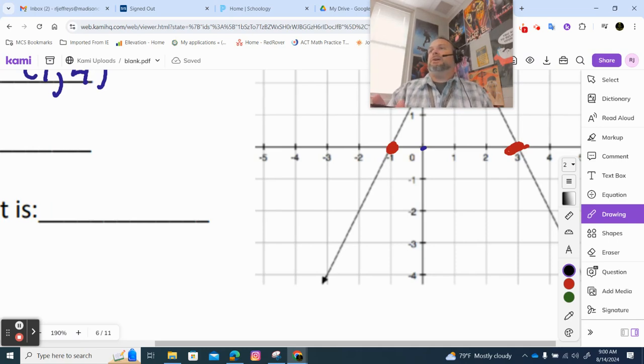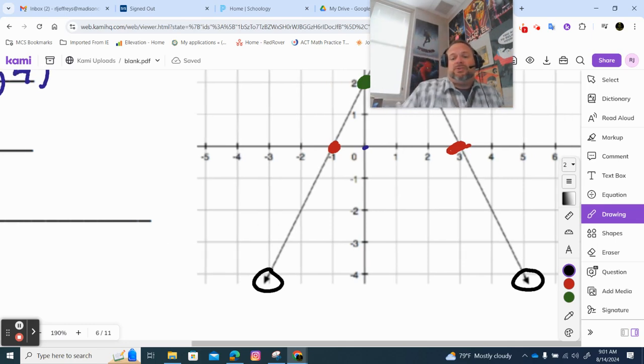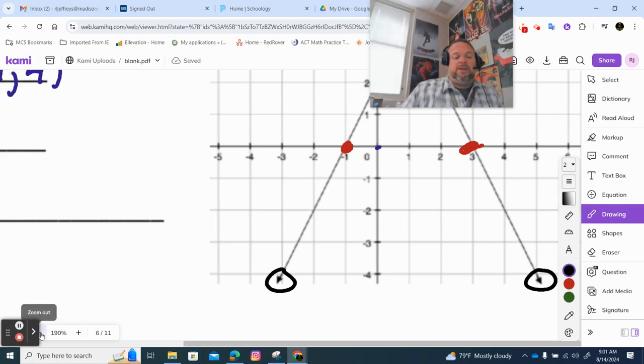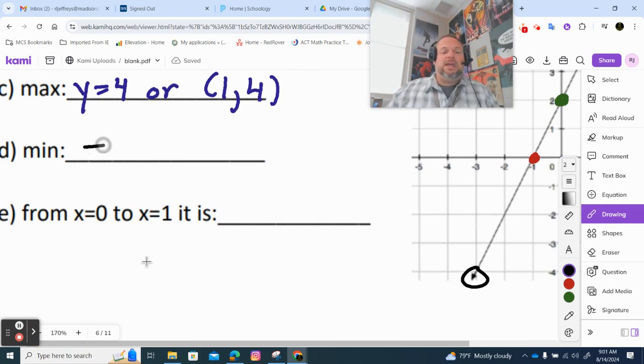Because we hadn't gone over this yet. We hadn't had one of these like this, so I was wanting to cover this. What do we see right here? Arrows. That means it keeps going. Forever, forever, forever. This goes and it keeps going to negative infinity.